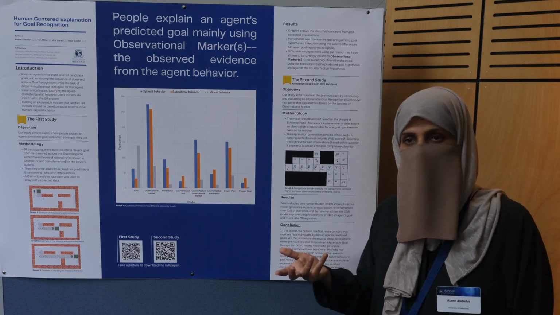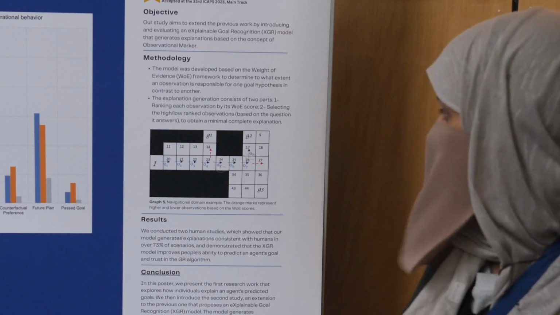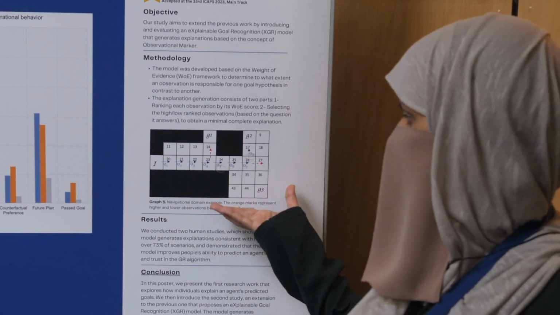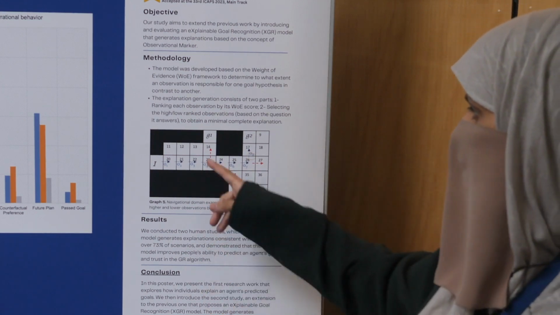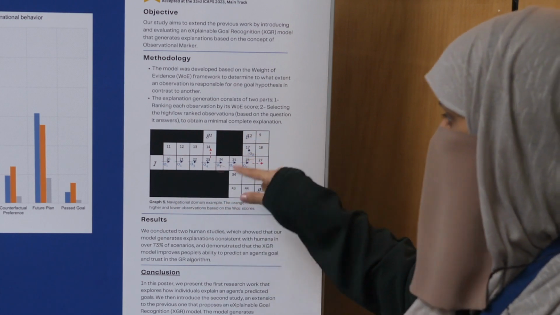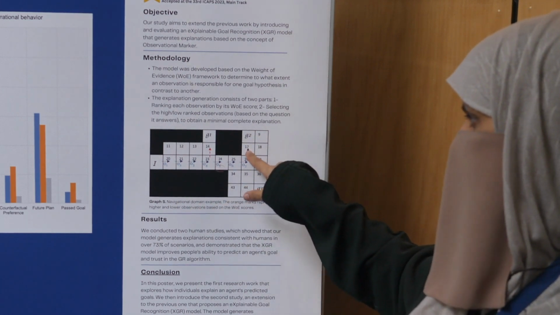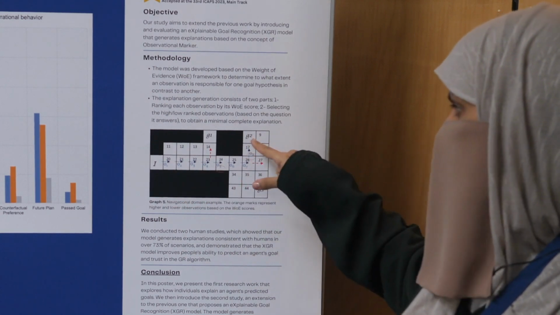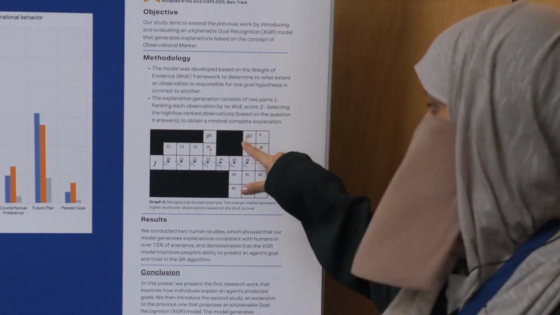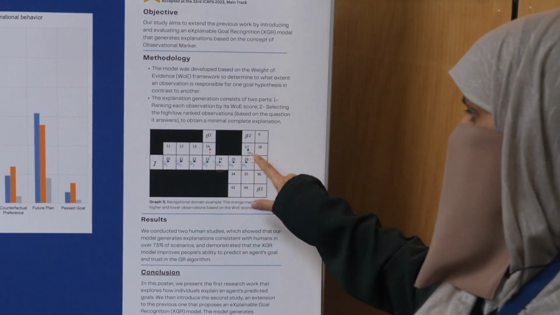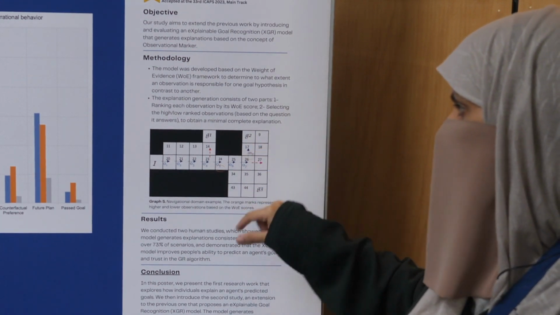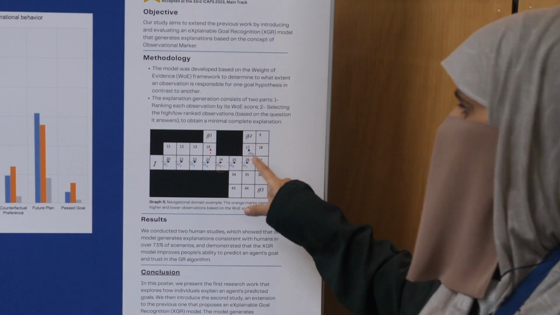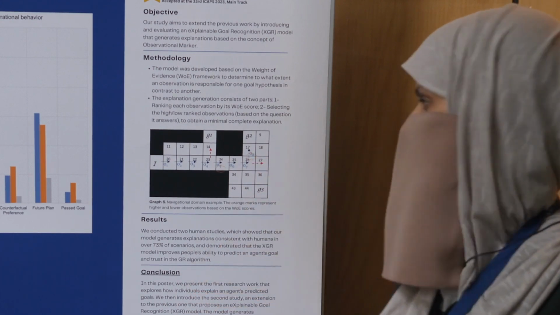Looking at the graph here, we could see that for the time step at observation 8, to answer a question like why G2, we take observation 8 to be the answer, as it has the highest weight of evidence score.